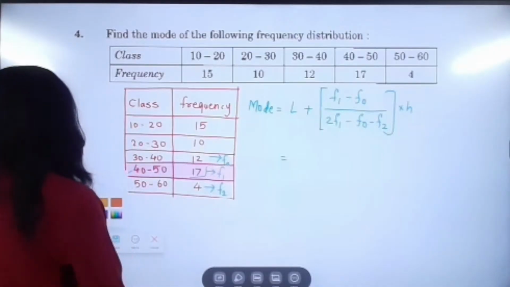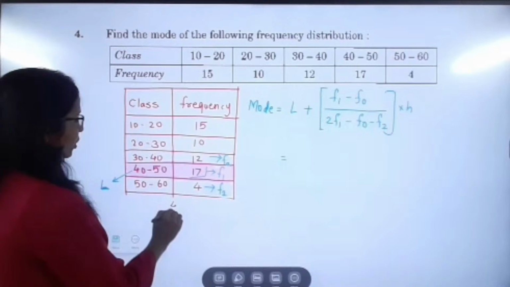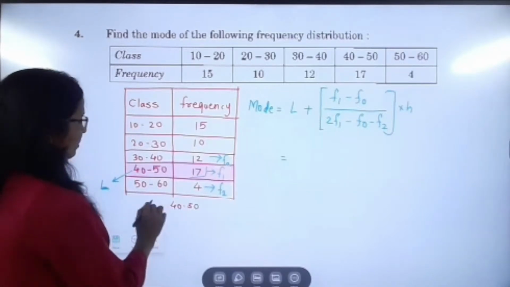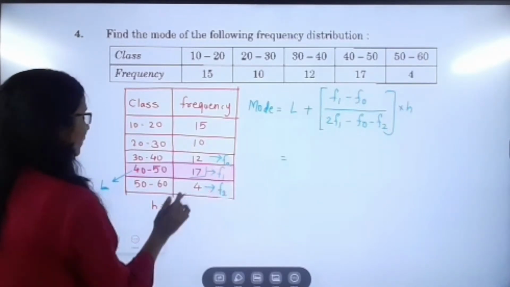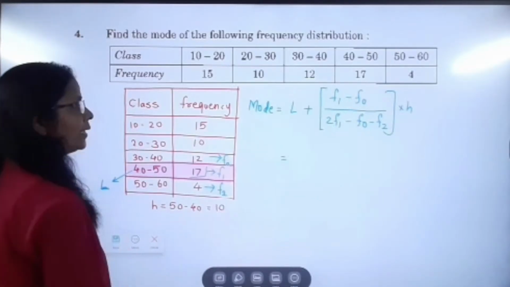The value of H, that means the difference between 40 to 50, is 10. So here I write down 10.